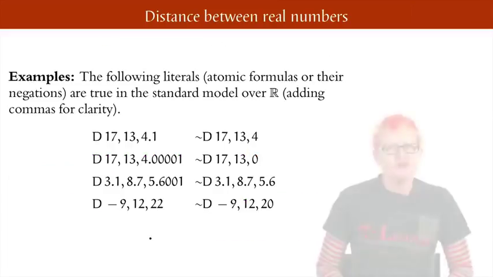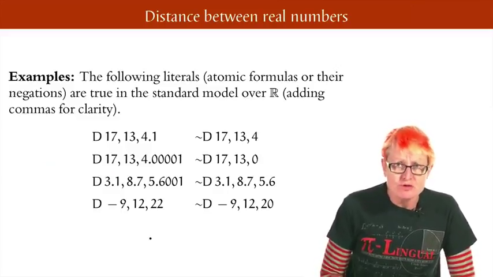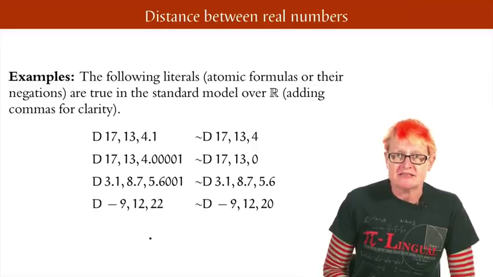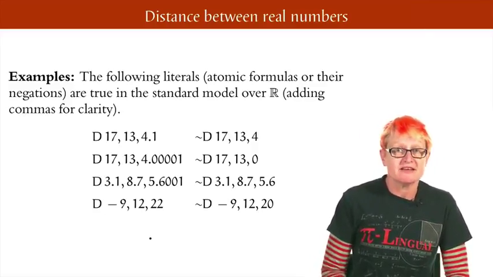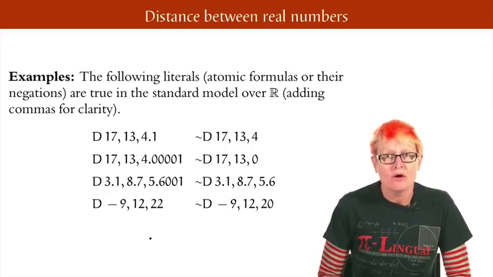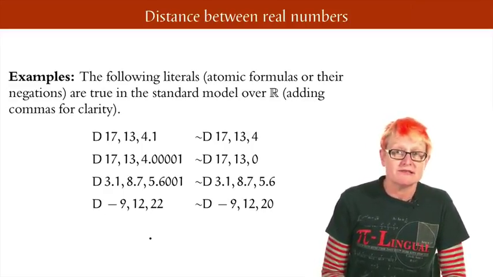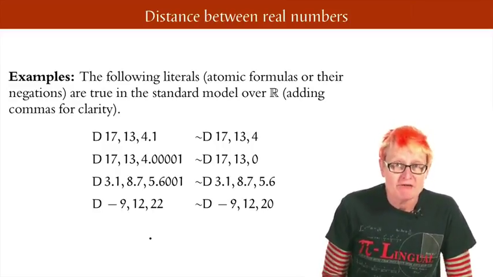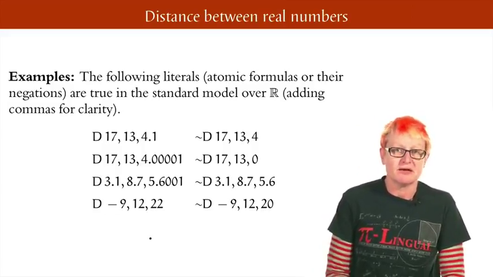Here's a bunch of atomic formulas or their negations built with the d predicate that are true. We have not d(17, 13, 4) because the distance between 17 and 13 is exactly 4. But if we replace 4 by 4.1 or even 4.00001, as many zeros as you like, or any number greater than 4, we will get a true positive atomic formula.